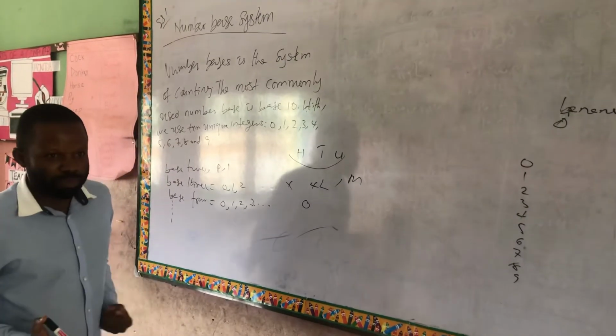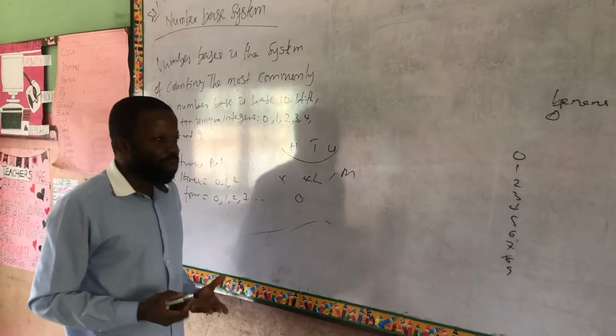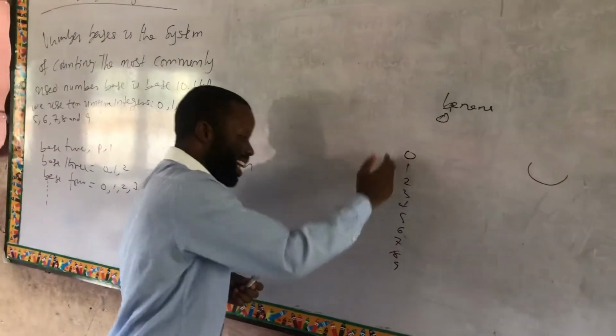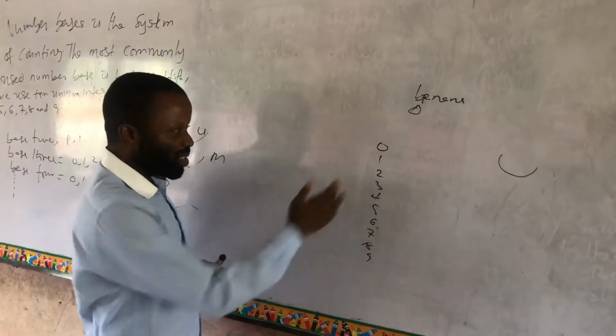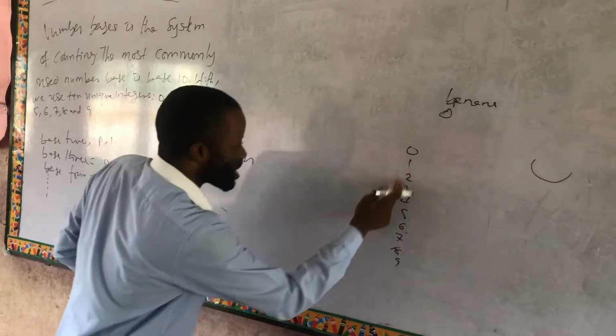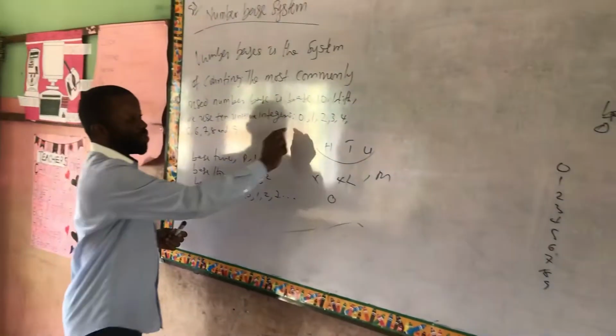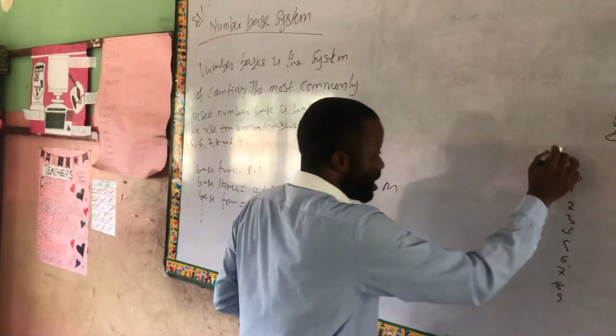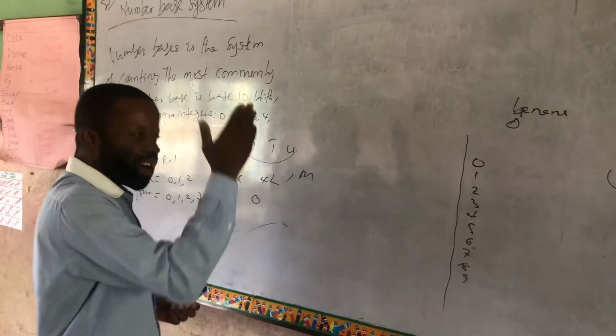So what do we do? That's a problem. But with the help of place value, we have counted 9 bananas. There's no symbol again because we have exhausted all the digits available, 0 to 9. So what do we do? We have to create another column.